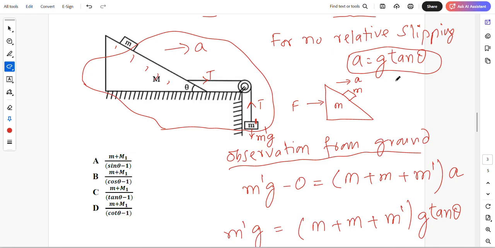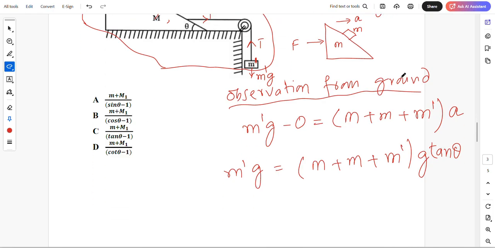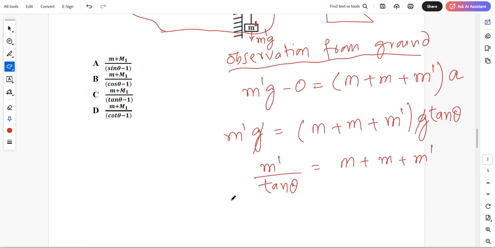That's why, for no relative slipping. Now, g gets cancelled. We have to calculate M dash. By tan theta, I can write that is equal to M plus m plus M dash. Now, 1 by tan theta is cot theta.